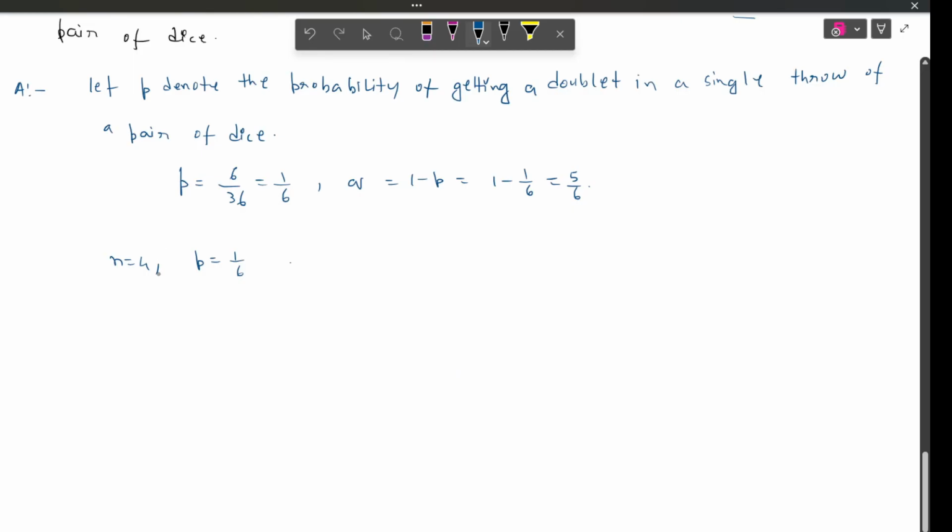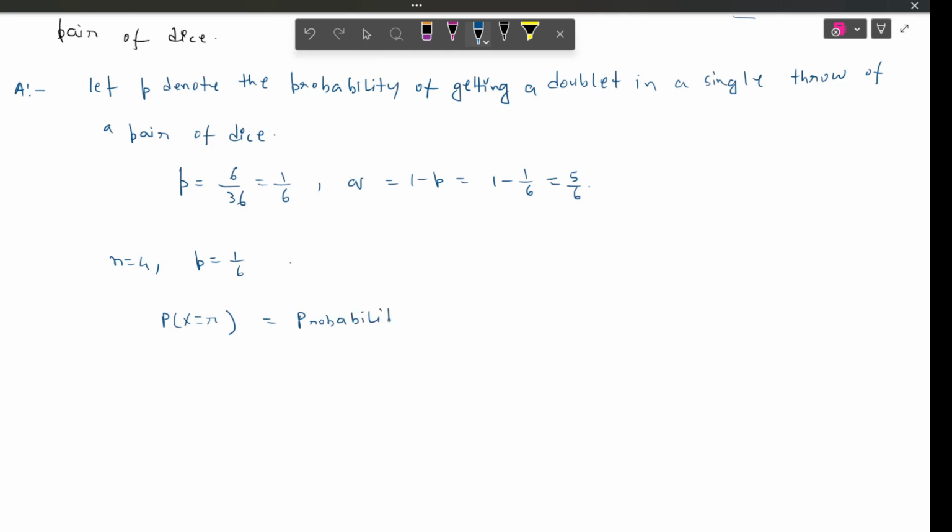So we can say P of x equals R is the probability of getting R doublets.